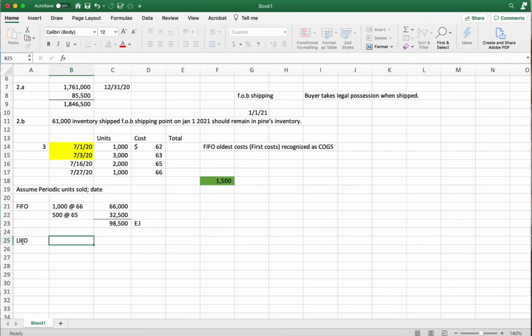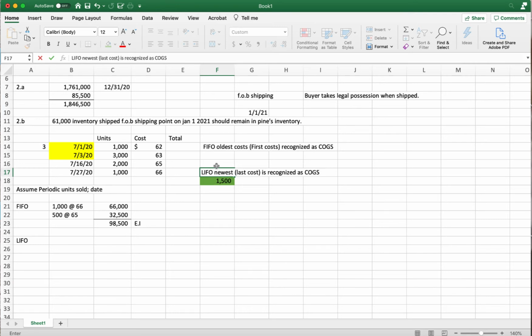Now let's look at LIFO. So what does LIFO mean? LIFO means last in, first out, right? So with LIFO, the newest costs, or last costs, are recognized as cost of goods sold.